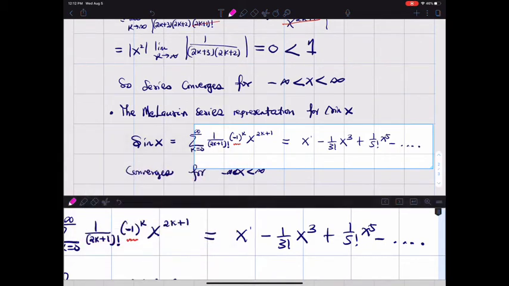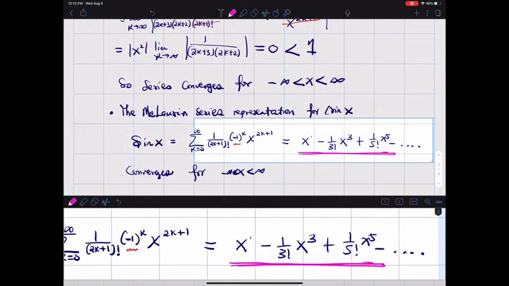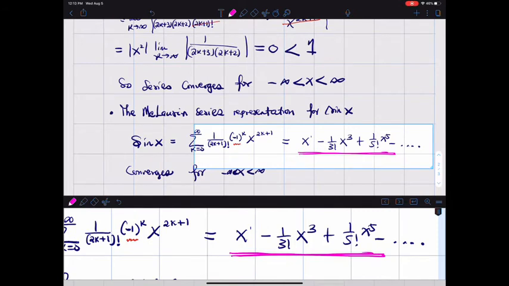This is saying that you can write sin x as the summation of all these terms. For any value of x, we can write sin x as the summation of each of these terms. And now if you look at these terms, this is a polynomial. It's an infinite polynomial, a polynomial with an infinite number of terms and infinite power.